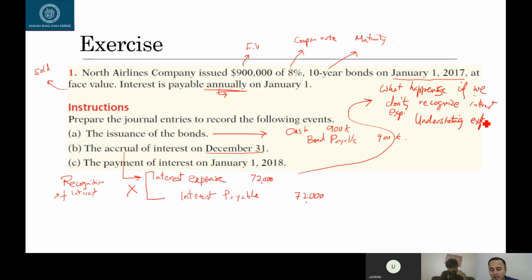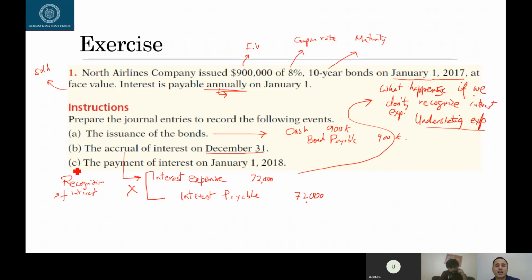So whenever you incur an expense, although you are not paying it right now, you still have to keep it in your books. You still have to make an accounting entry for that. Okay, so interest expense, since it's an expense, is a debit entry, $72,000, and interest payable is $72,000.